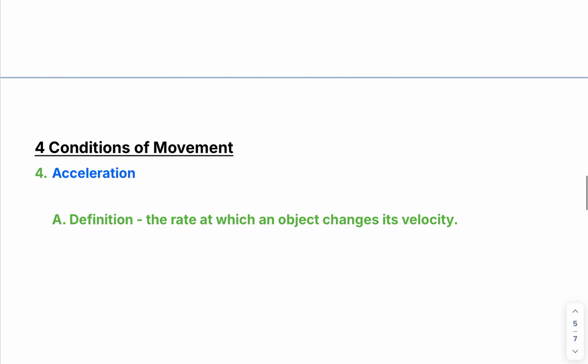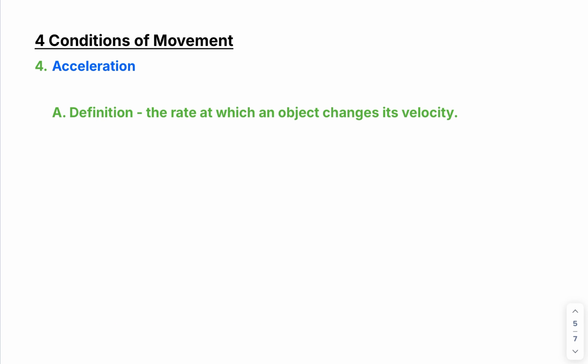Okay, now we're going to move on to the fourth condition, and this is acceleration. Acceleration, if you think about it, is the rate at which an object changes its velocity. We all know what acceleration is, sort of. If you're in a car and someone decides to step on the gas pedal very quickly, you would very quickly also feel the back of the seat hitting you in the back, right?